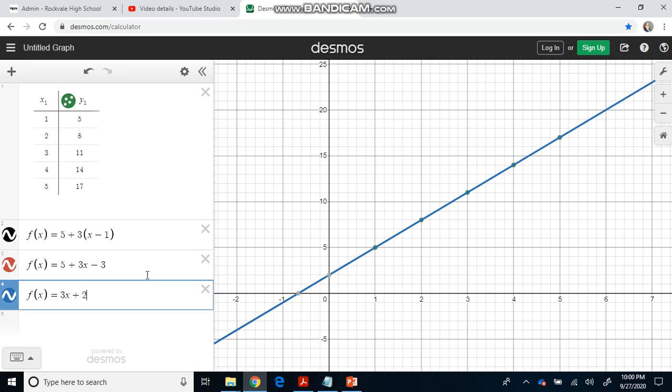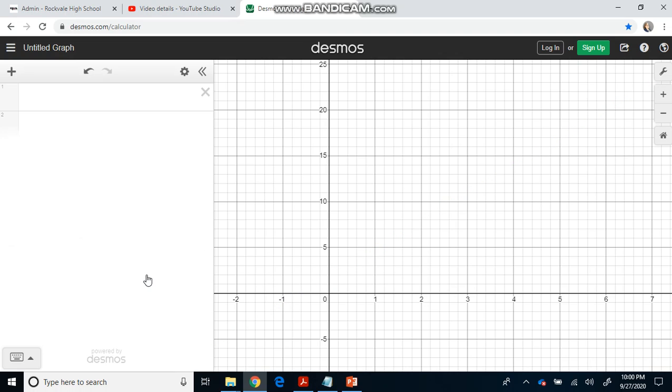They're all the same line, and they're all going through those points that we got from our arithmetic sequence. And we can see here's our y-intercept, there's our x-intercept. This is a line. Okay, so that's what an arithmetic sequence looks like.